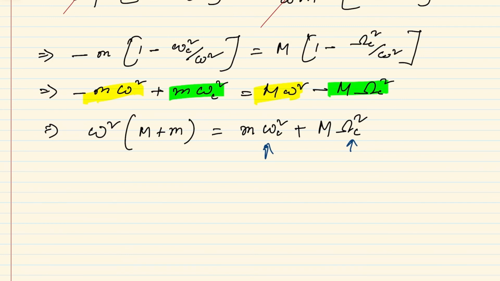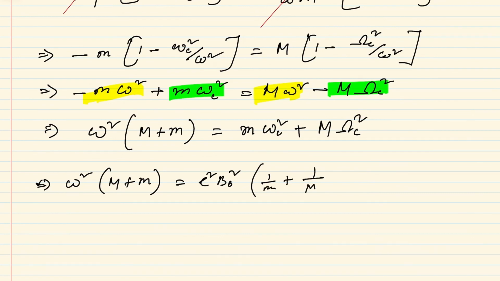Omega c square will be E square b naught square by small m, and Omega c square is E square b naught square by capital M. Putting these two values, you can take E square b naught square common from both terms, and doing so we will get omega square, capital M plus m, equals E square b naught square, 1 by m plus 1 by capital M.